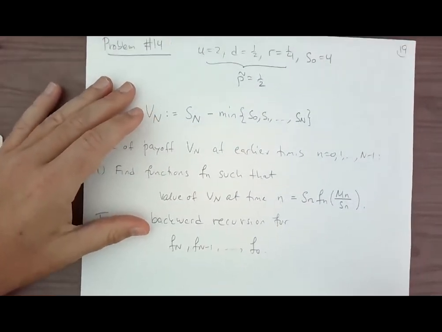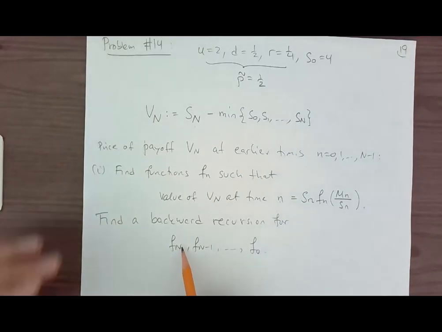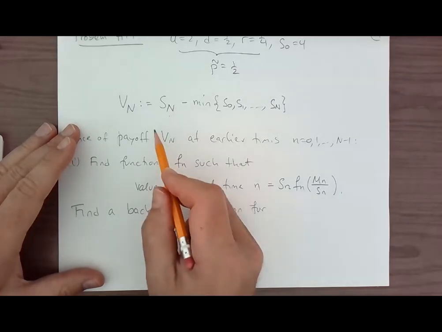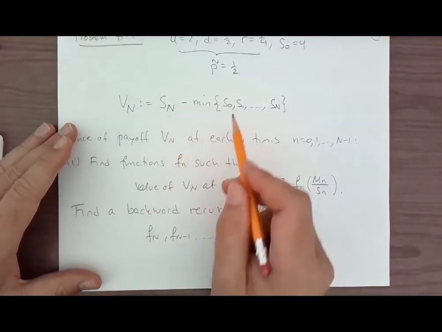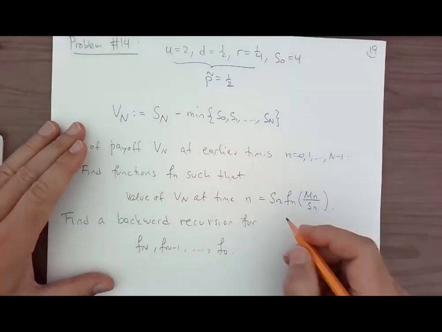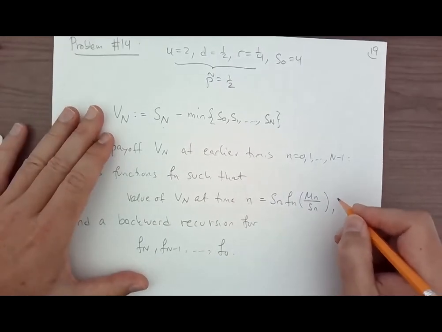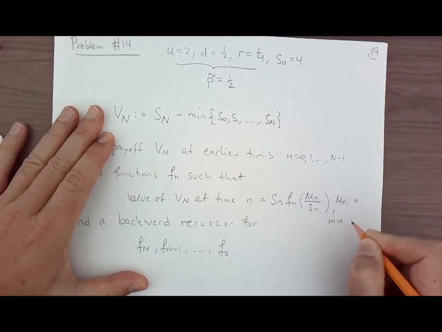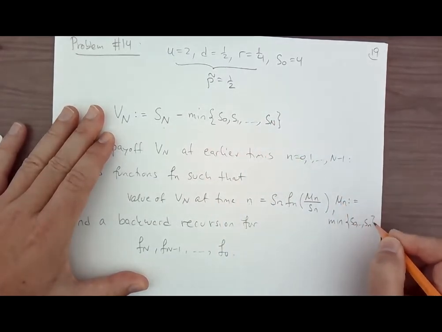The first order of business is you always start with the terminal one, because that's the one we have here. What is M here? M is that running min, Mn, the min of the stock price up to time n.